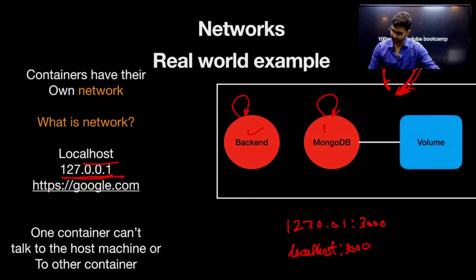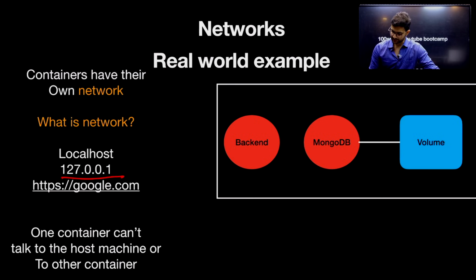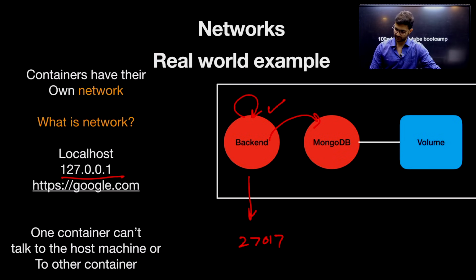However, containers are mini machines. They will try to do the same thing. They will try to find a service running on, in this case, port 27017 on this container, but there is nothing running on port 27017 on this container. It's actually running on a different container.